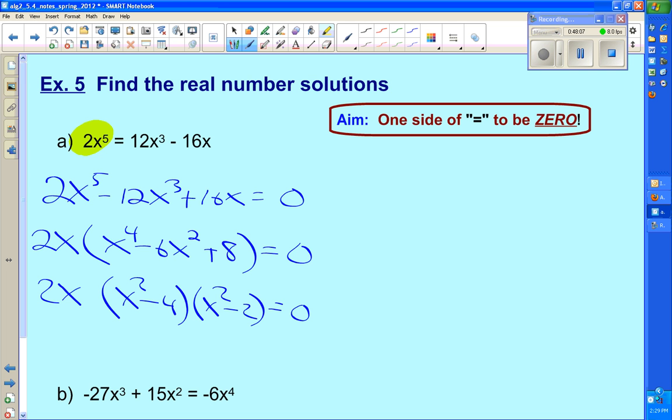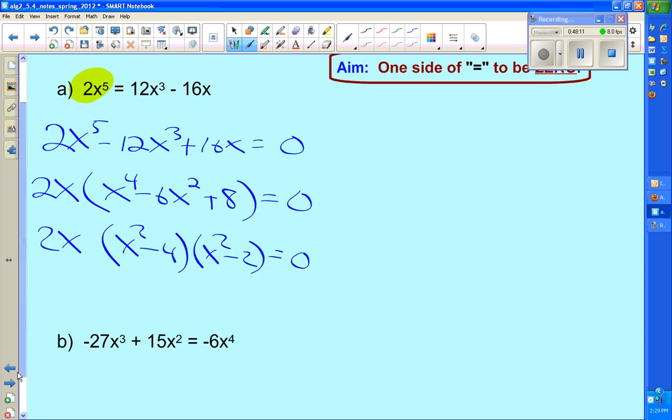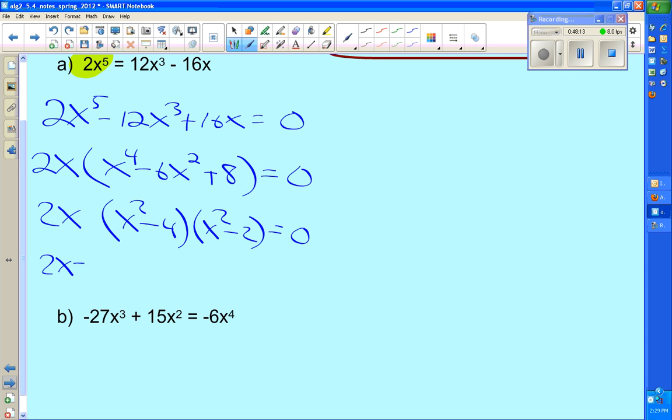Now, because we're asking for real number solutions, the way you find them is to set each of these equal to 0. So if 2x equals 0, what does x equal? 0. If x squared minus 4 equals 0, you could have factored that to x plus 2 times x minus 2, but I'm going to just make it be x squared equals 4 and x equals plus or minus 2.